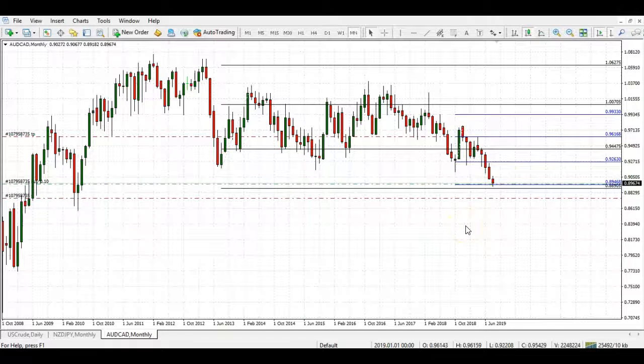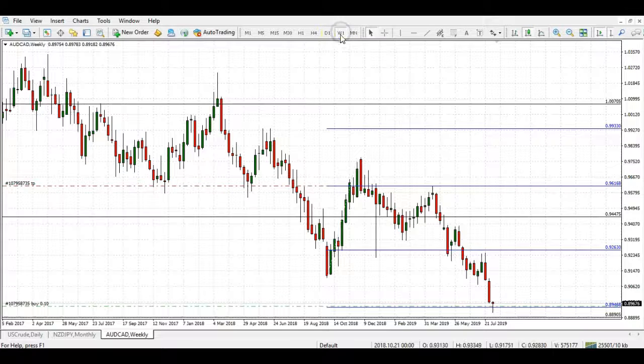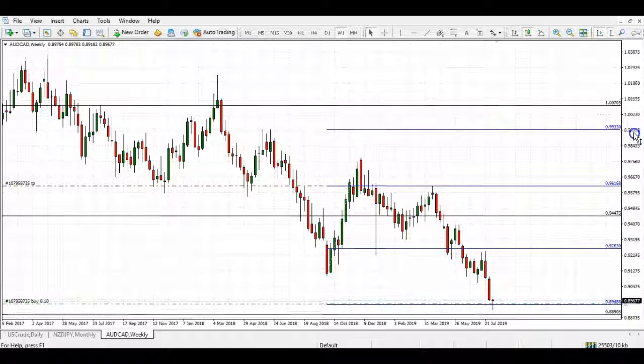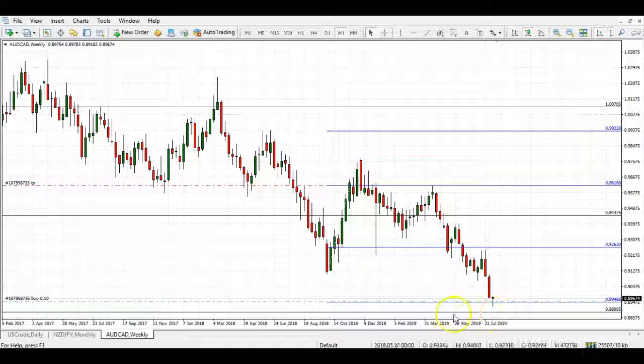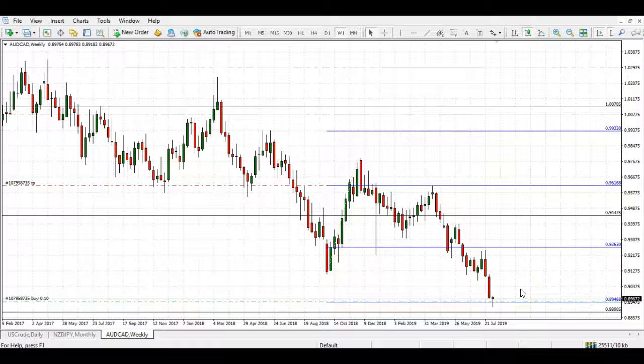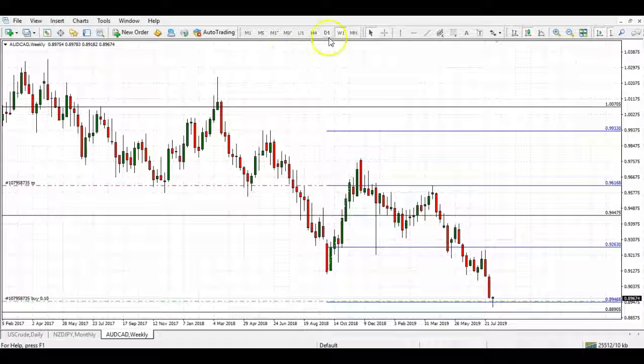So this is what I'm saying, a perfect alignment between 2 different time scales, between 2 different cycles, if you will. So this should be a very strong position at this point. From a technical point of view, this should be a very strong spot to pick up the Aussie Canadian, and that's pretty much what we did.